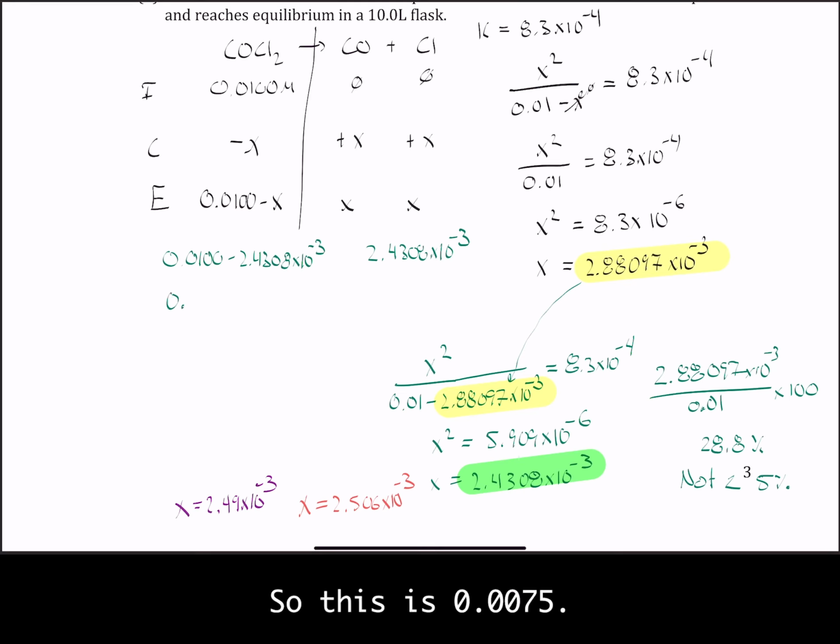So this is 0.0075. And then 8. It's pretty good.